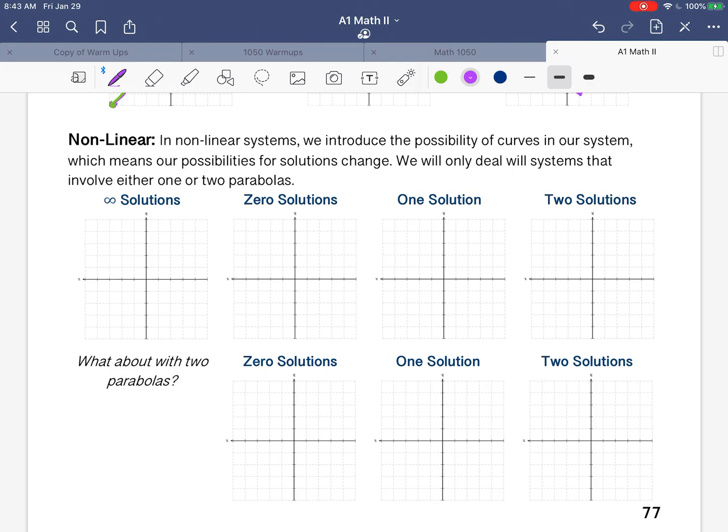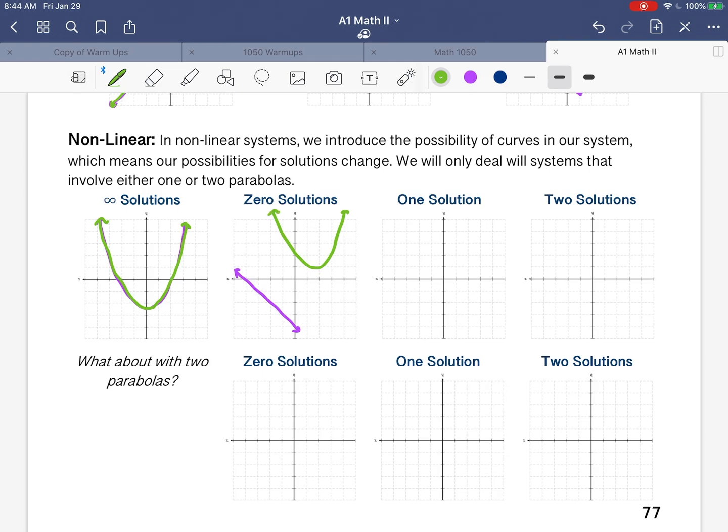So we still have the option of having infinite solutions, and this can happen for either a parabola or a straight line, that if they are exactly the same parabola or straight line, then anything that you pick along that line will satisfy both equations because they are the same equation. We still also have the possibility of zero solutions, where we have a straight line, say, over here, and a parabola over here.